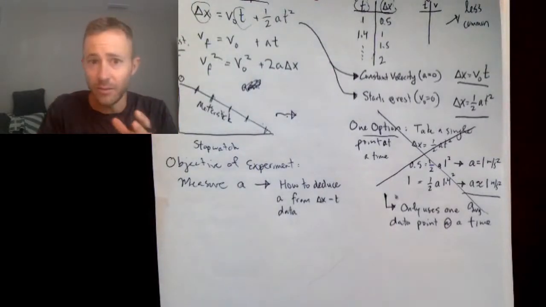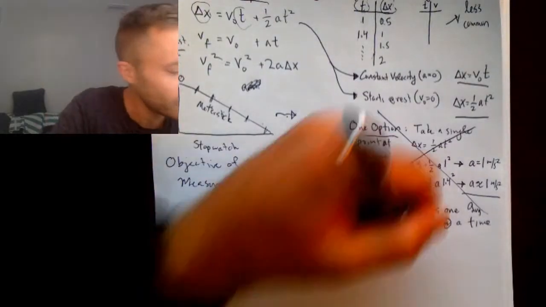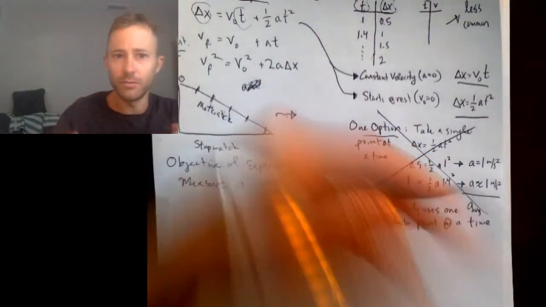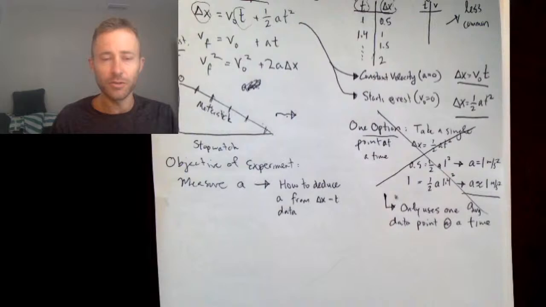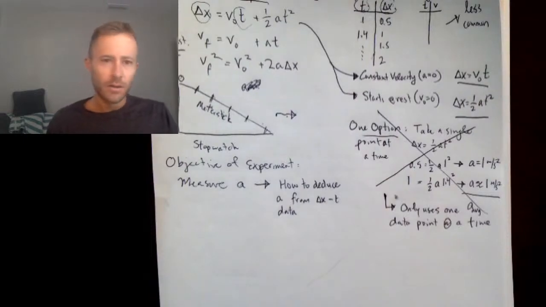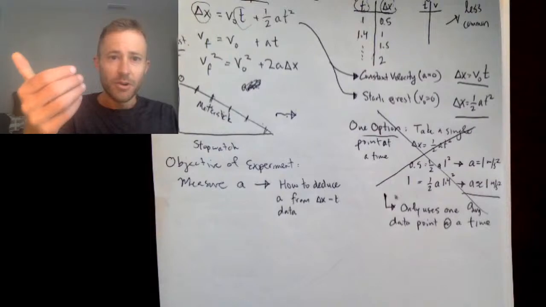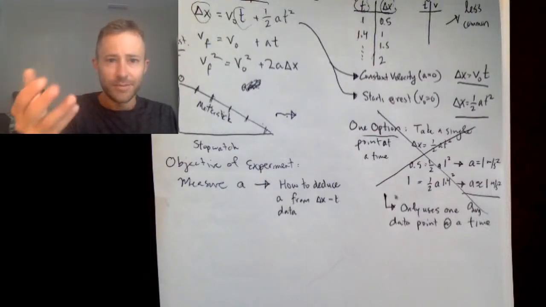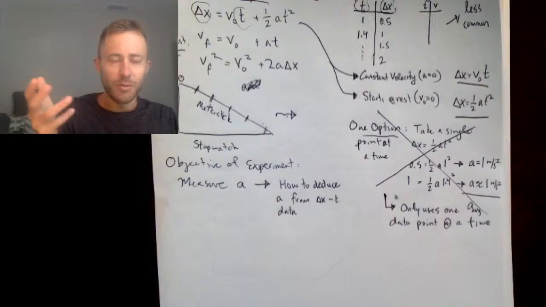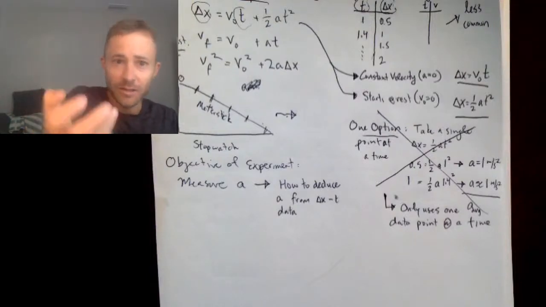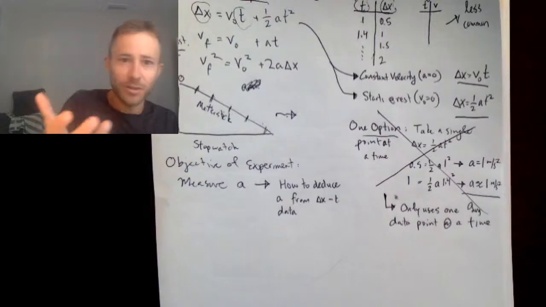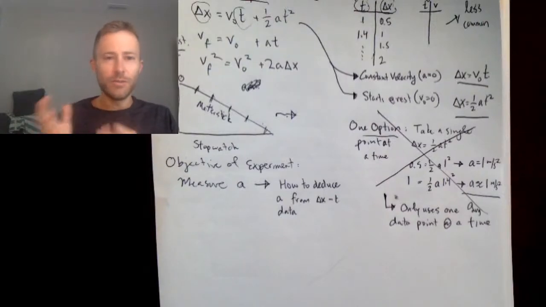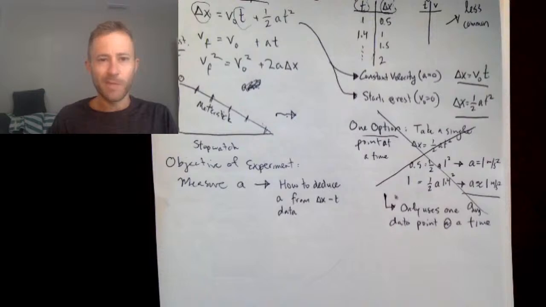And the individual data points are susceptible to random experimental noise. For example, you might be using a timer, and you're a human being. You have a certain reaction time. Sometimes you might click the timer too early. Sometimes you might click it too late. And so individual data points are subject to experimental error.